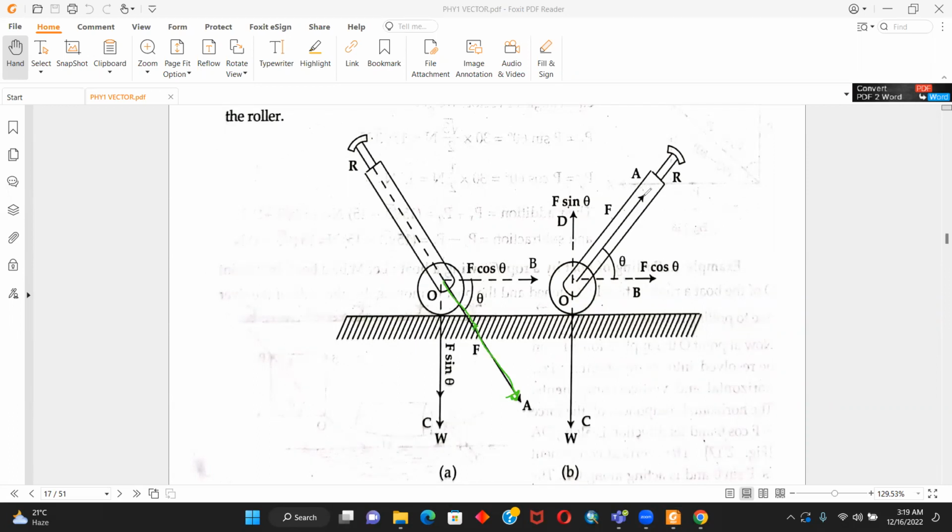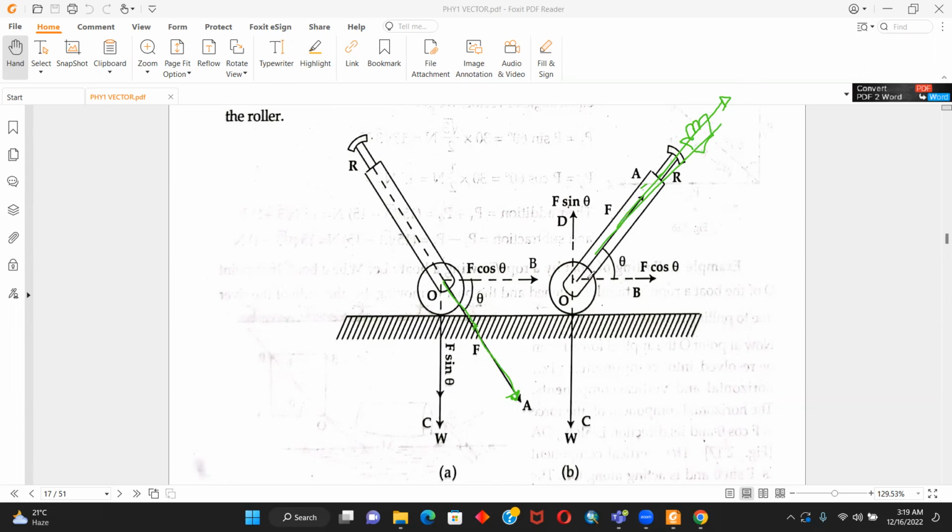Yes. Now, in case of pulling, if this is our hand, the force is acting towards this direction. We are not exerting pressure on the ground, rather we're pulling it towards our hand or towards our body.